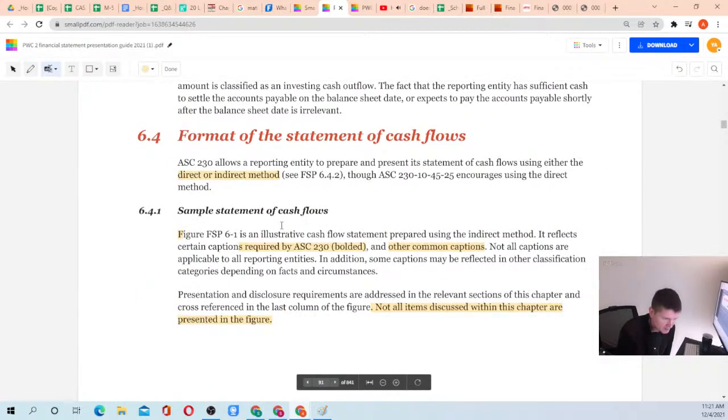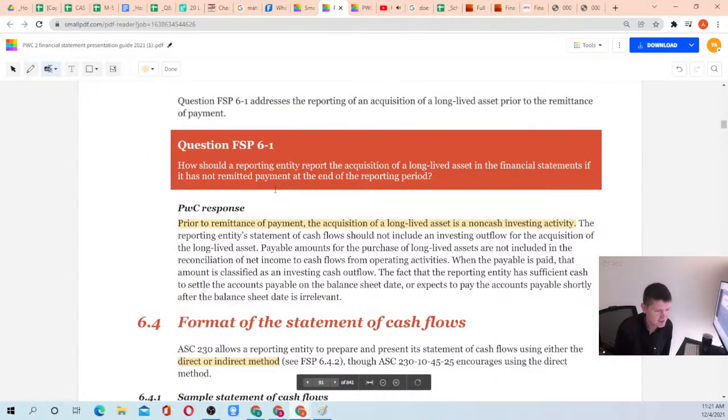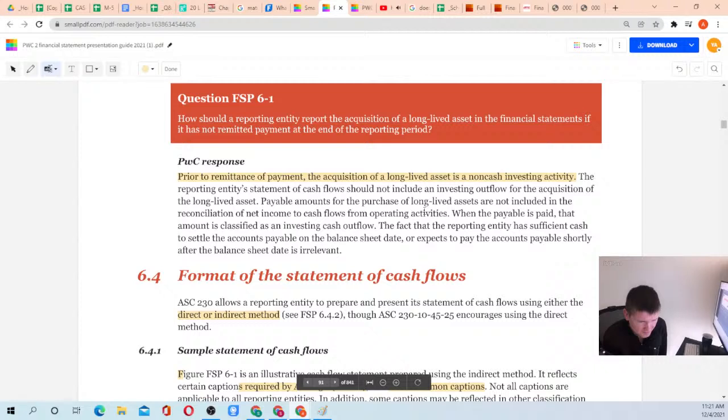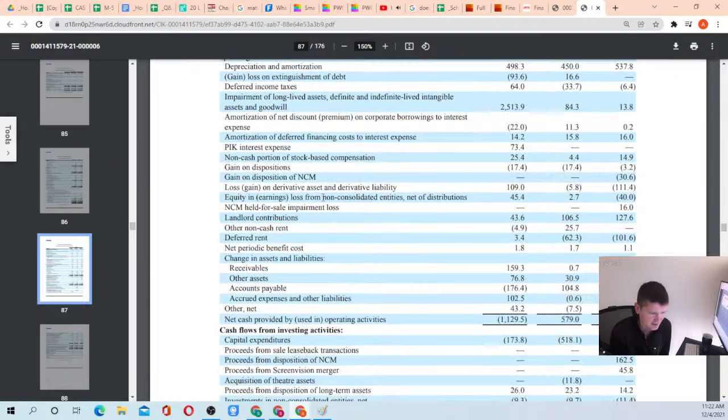However, there is a separate requirement to list your non-cash investing activities, and you usually list them under your cash flow. Let's see what AMC has here.